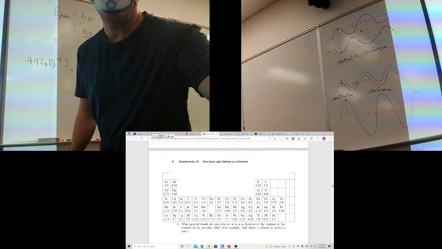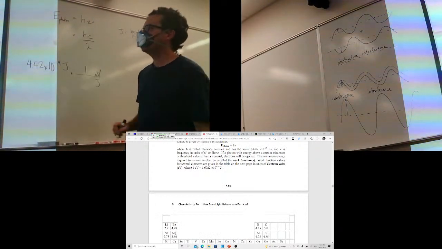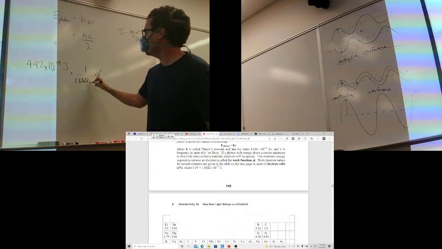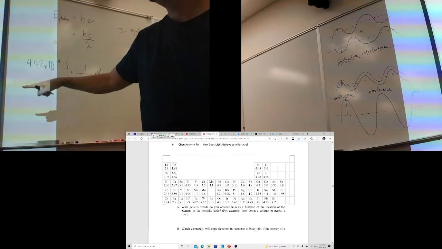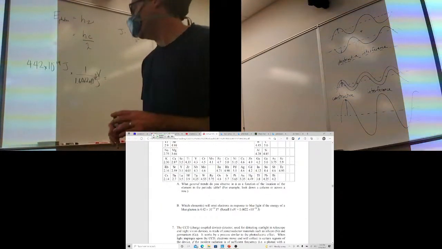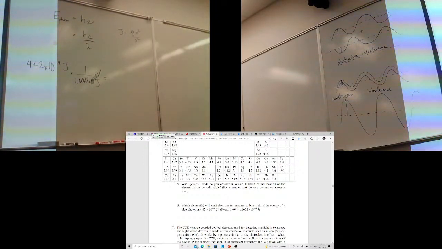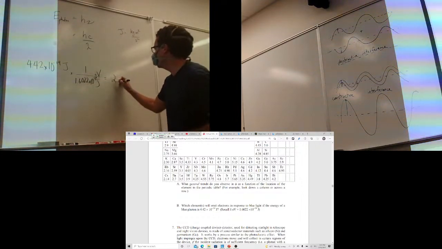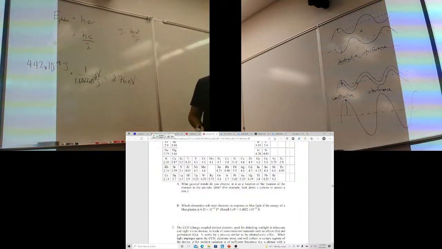I don't even remember what the conversion is, but if you look at the previous page, 1 electron volt is 1.6022 times 10 to the minus 19 joules. And so that blue photon in part B, its energy in electron volts, anybody have that calculated? 2.76? Okay. I'll trust you. So that's the energy of the blue photon.